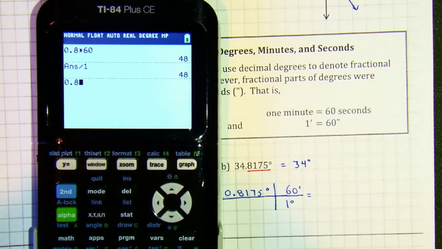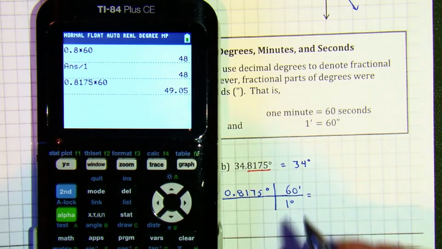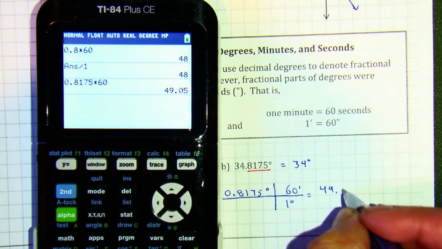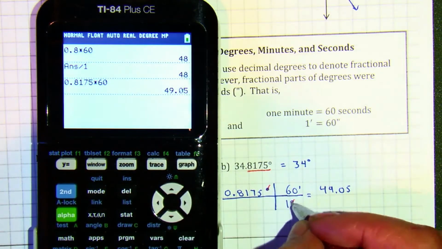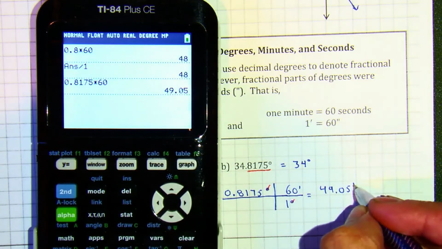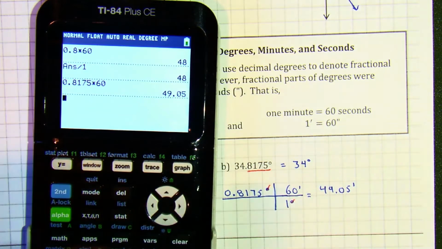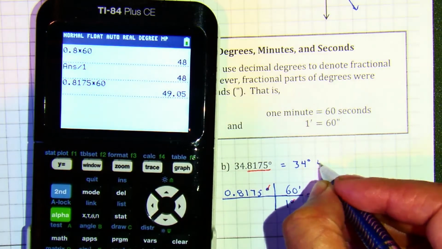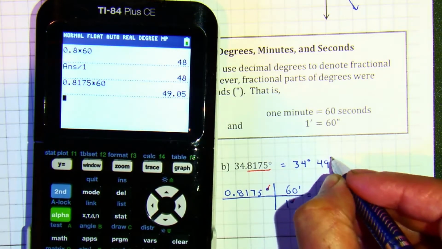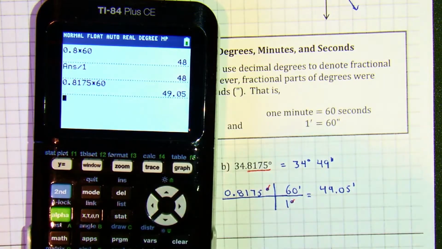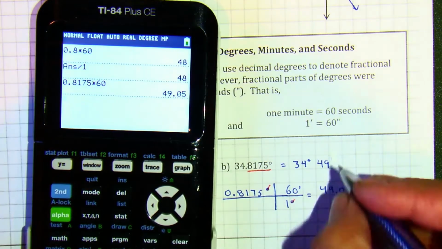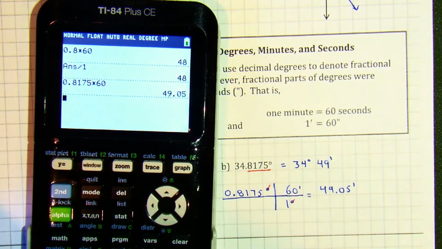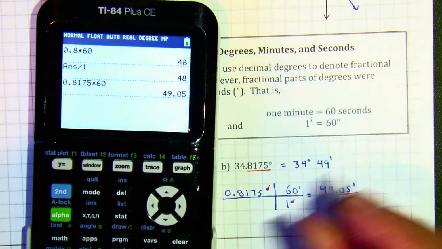So 0.8175 times 60 divided by 1, which is 49.05. My degrees units canceled out, so therefore this is in minutes. I'm only going to use my whole minutes. That's only 1 bar, not 2, because it's minutes. And what I need to do, I need to convert my decimal minutes into seconds.